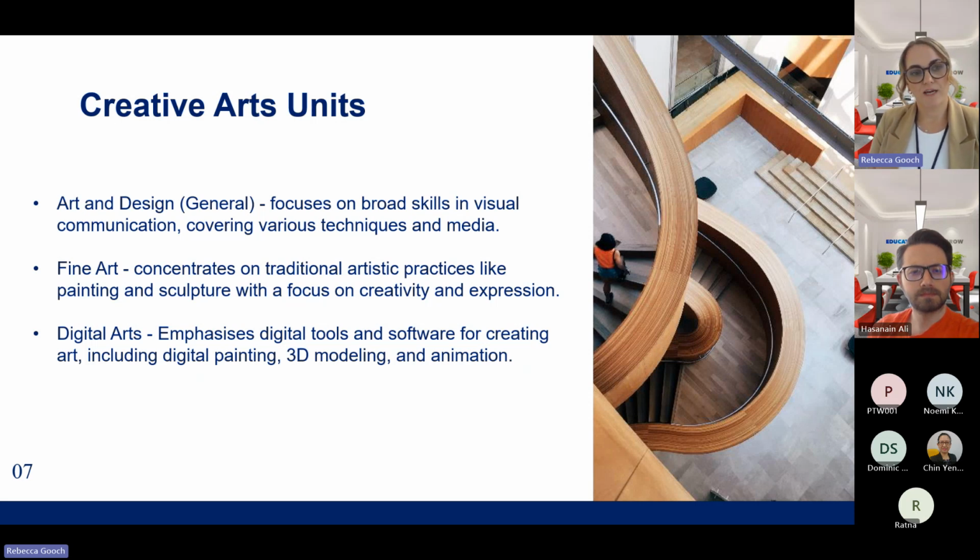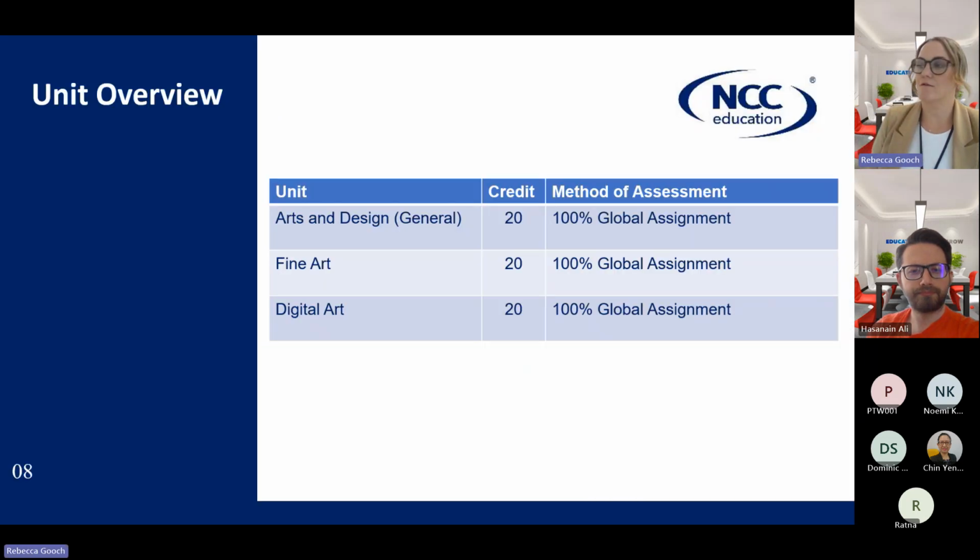Fine art really just concentrates on traditional artist practice like painting, sculpture, with a focus on creativity and expression and those real critical thinking skills. And the digital art unit emphasises digital tools, software art, and includes digital painting, 3D modelling, and animation as well. So 3 distinct units with distinct learning categories as well. Just a brief overview there.